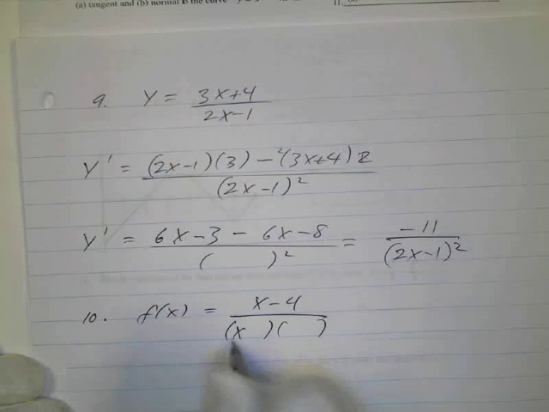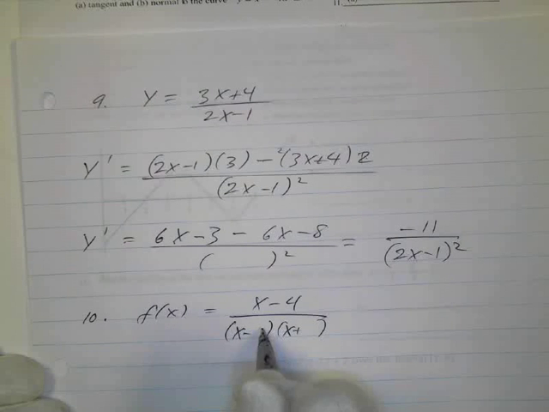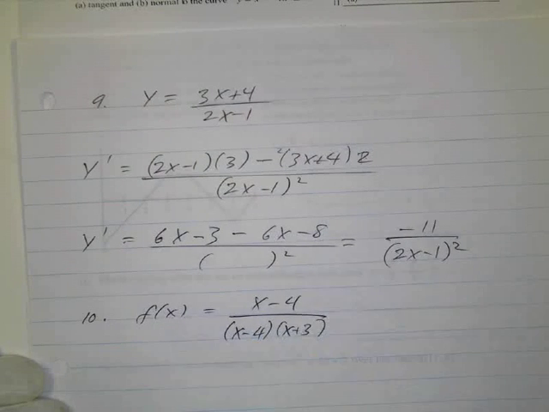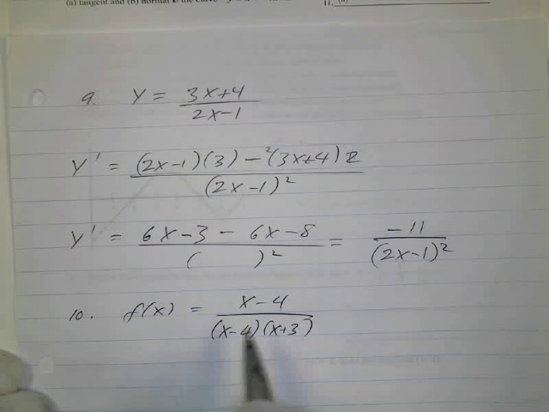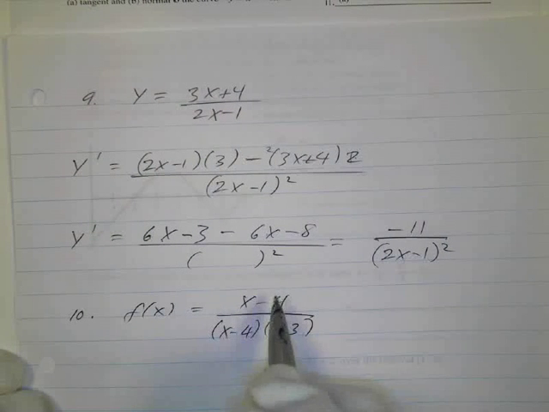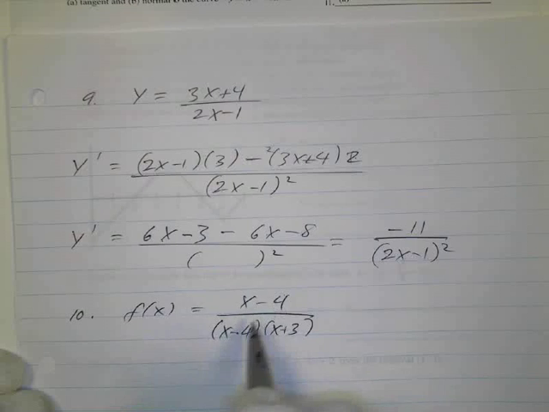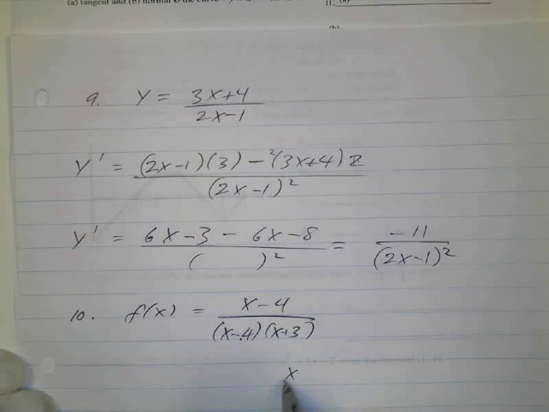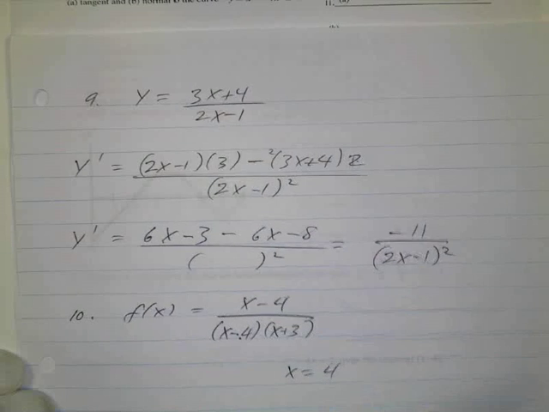The signs are different, negative and positive, and to give 12 differing by 1, it'll be 4 and 3. Even though I can cancel this out, I would have a removable discontinuity at x equals 4.